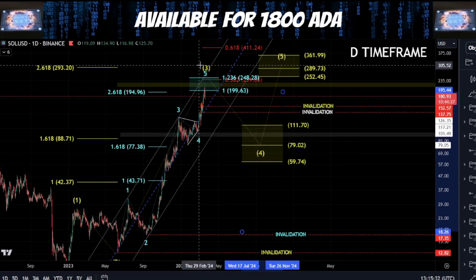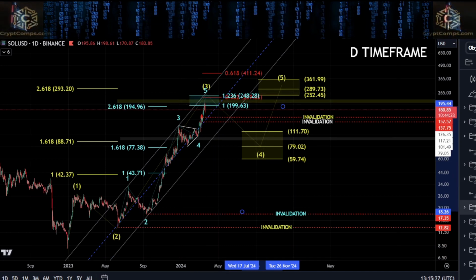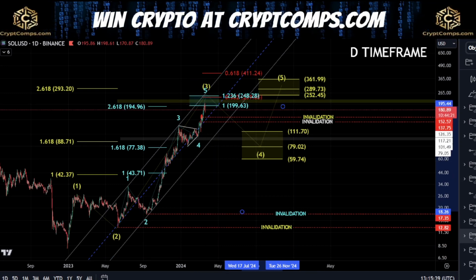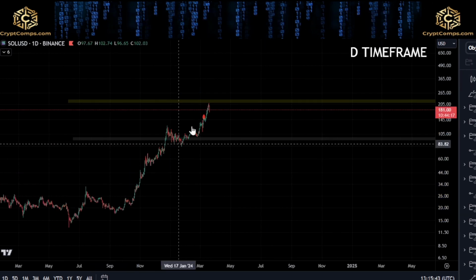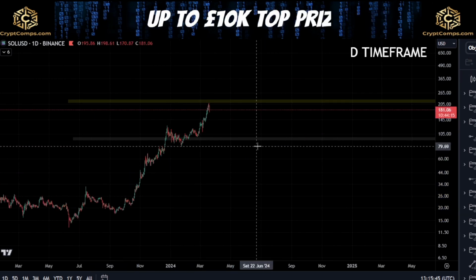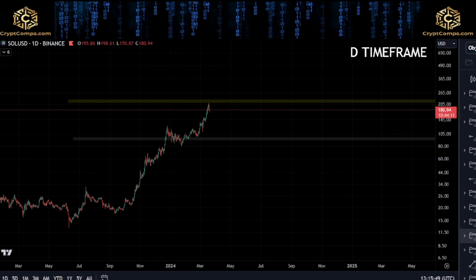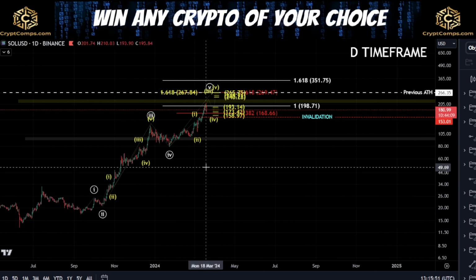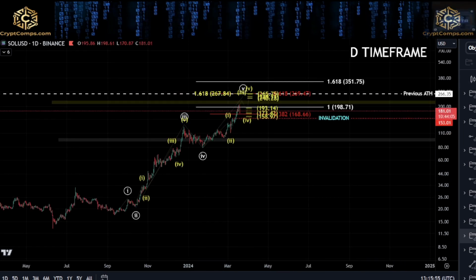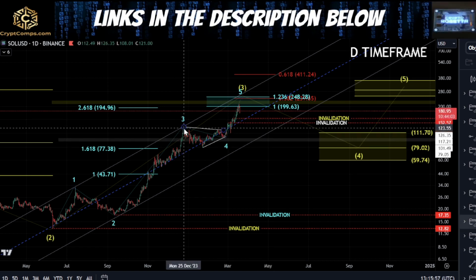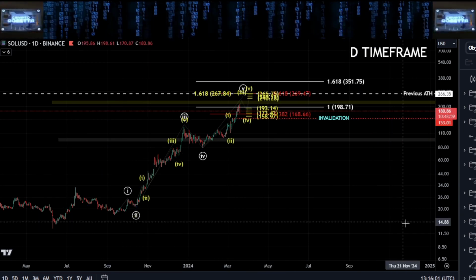If, however, we start to break down deeper here, it is possible that we could argue that this fifth wave is completed. Now, within this same idea, there are possibilities that this could still need to push up a couple more times before we actually see a deeper retracement taking place. This would be arguing that internally here, instead of counting this move as a third wave completed, that would be saying that this blue third wave is completed, we could argue that this blue third wave is still in play.